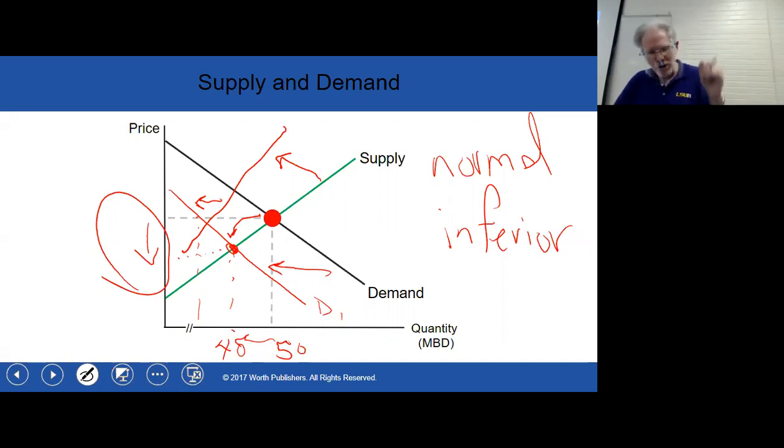So if you have both things changing, how do you figure out what's going to happen to the price? It's very simple. You do it one thing at a time. You look at the demand decrease, you figure out what was the effect. You look at the supply decrease, you figure out what was the effect.